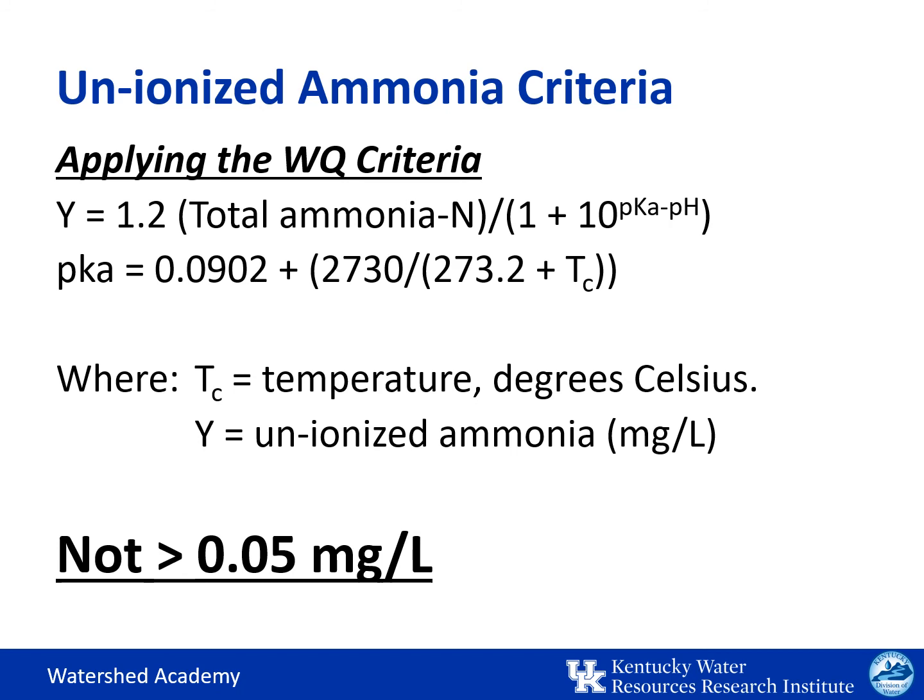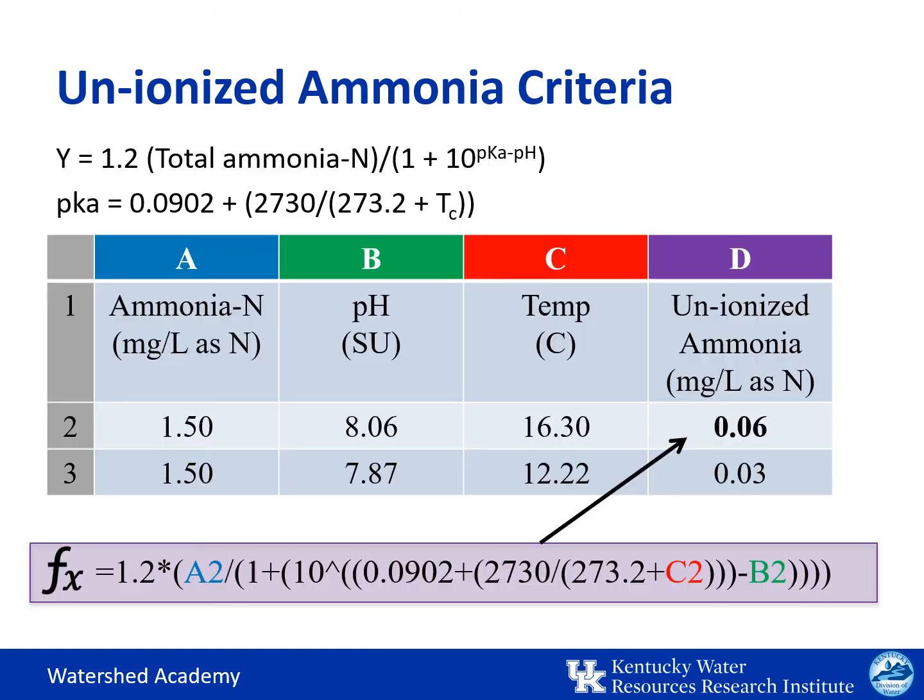Similarly, the un-ionized ammonia criteria has a long, complicated equation. You know it's supposed to be not greater than 0.05 milligrams per liter, but how do you calculate the un-ionized ammonia? You can see here the equation shown in column D utilizes the ammonia concentration, the pH, and the temperature in the various columns.